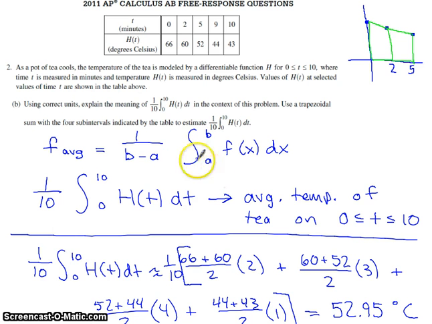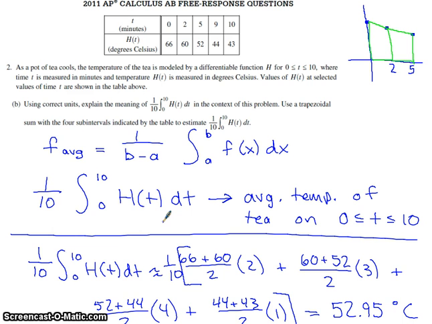So this is really going to represent the average temperature of the tea on the interval from 0 to 10, since this function within the integral represents the temperature of the tea. So this will be the average temperature of the tea as t ranges from 0 to 10.